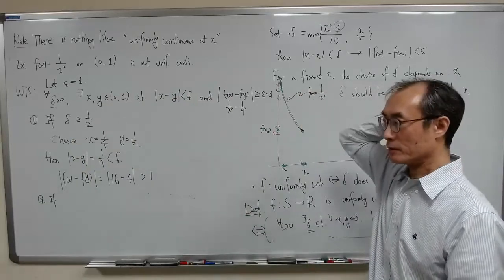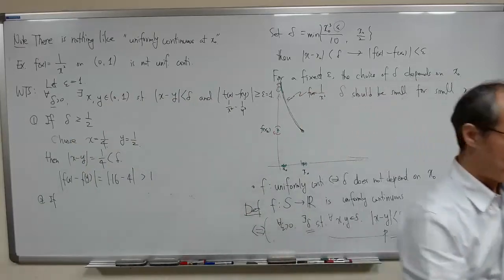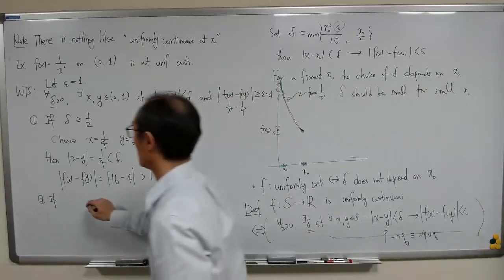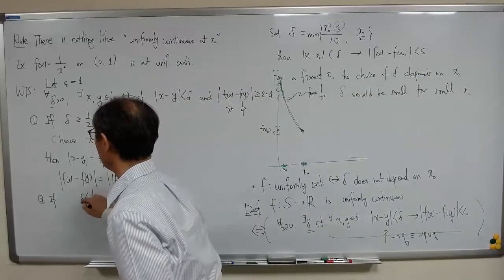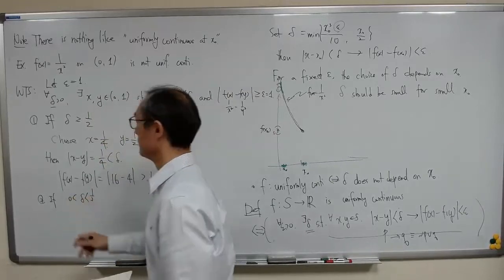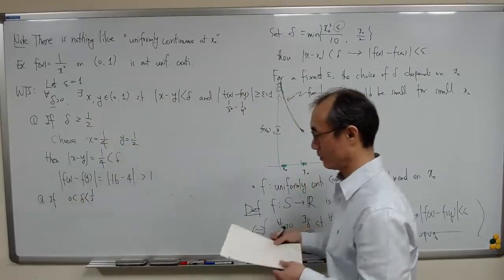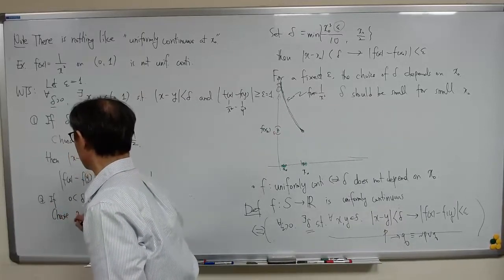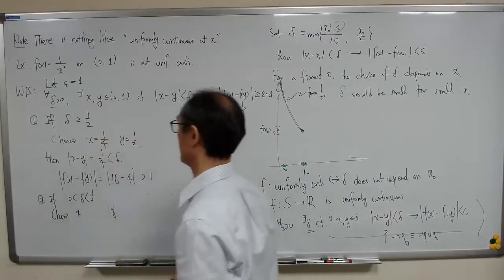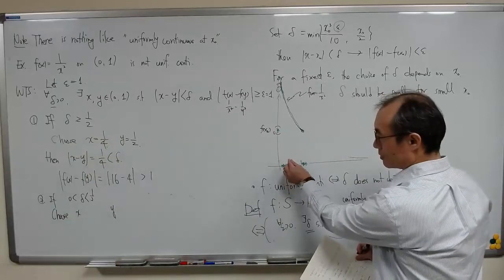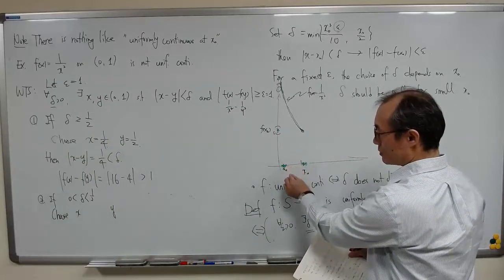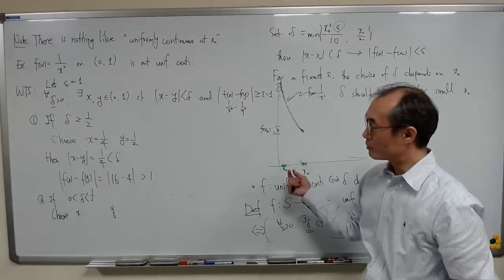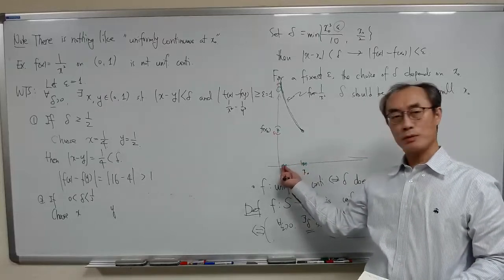Okay, so it's easy if delta is big enough, bigger than 1/2. But if delta is smaller than 1/2, of course it should be positive, then your choice must be more careful. When delta is very small, we're going to choose x and y both very close to the origin.